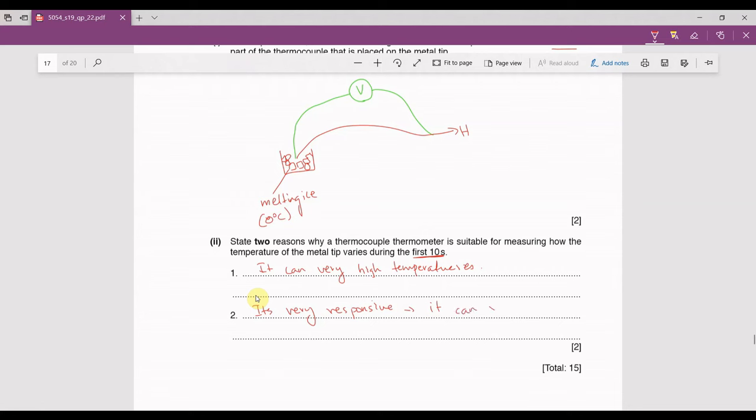It can register rapid changes in temperature. So this is one more advantage. There are other advantages of thermocouple thermometers compared to laboratory thermometers, but these two are enough for now.